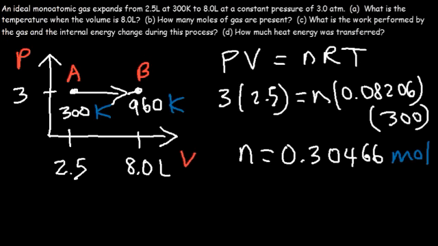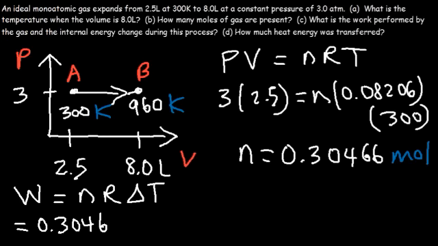Now let's calculate the work performed by this gas. So we can use the equation W is equal to nR delta T. So we have n, which is 0.30466. Now for R, I'm going to use 8.3145 because I want my answer to be in joules.